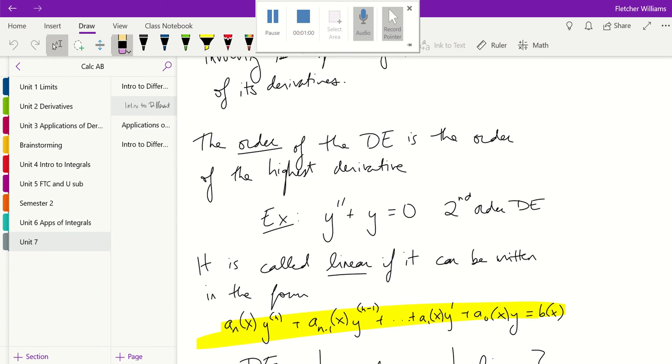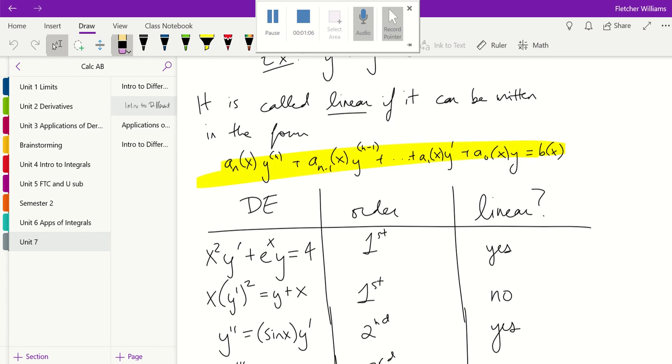We looked at the order, which just means the highest derivative in the equation. And then it's linear or nonlinear. It's linear if all the y's and y primes only have exponent 1 and are not inside another function. They can be multiplied by functions of x, but can't be inside a sine function or something like that.